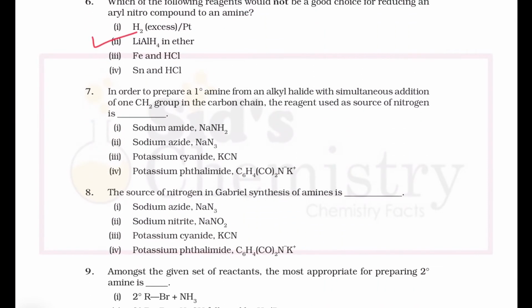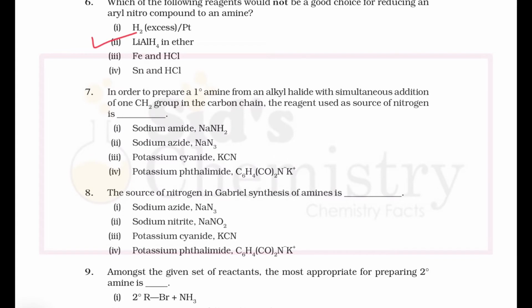Now coming to question number 7. In order to prepare a primary amine from alkyl halide with simultaneous addition of one CH2 group in the carbon chain, the reagent used as a source of nitrogen is, options are sodium amide NaNH2, sodium azide NaN3, potassium cyanide KCN, and potassium phthalimide, that is C6H4(CO)2N-K+.